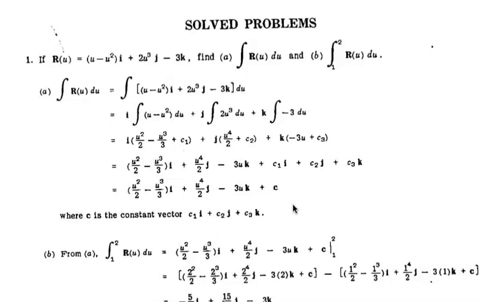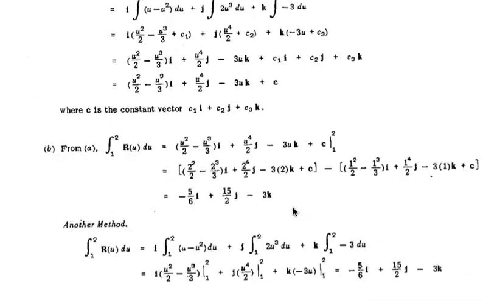All right. Now he says, let's find this definite integral. And he does it in two different methods here. The first method is right there. He just integrates the first expression, and then he's going to evaluate it from 1 to 2.